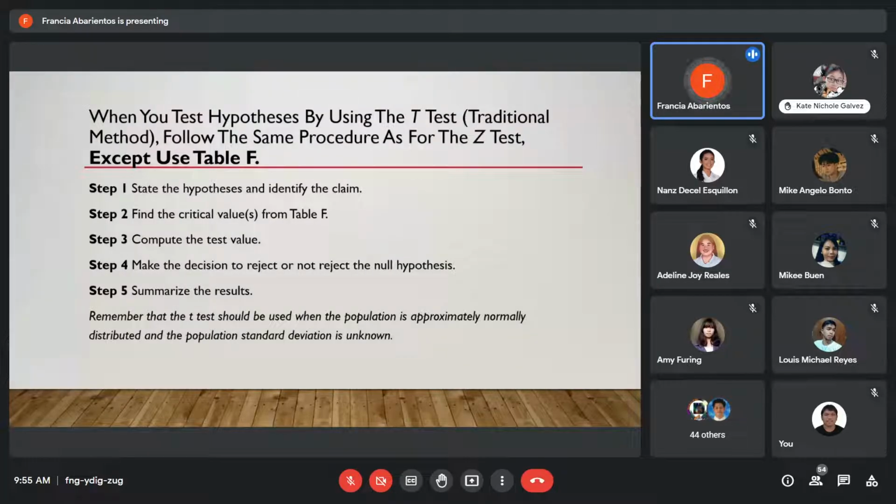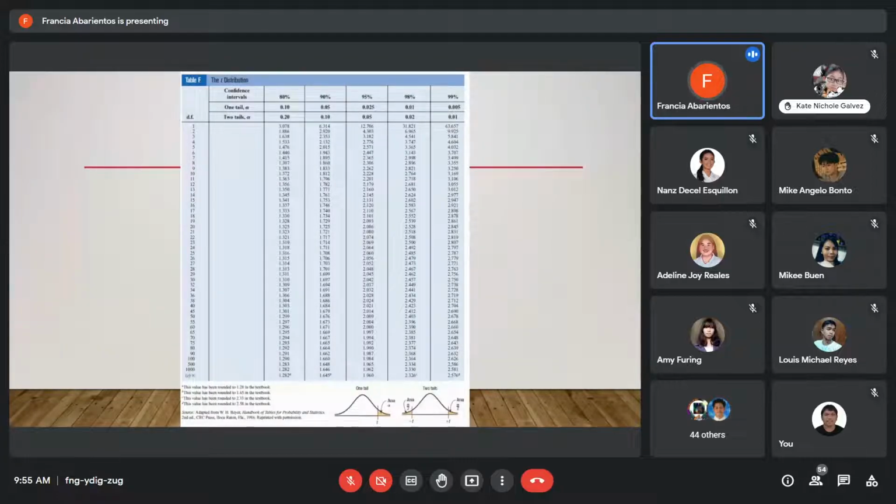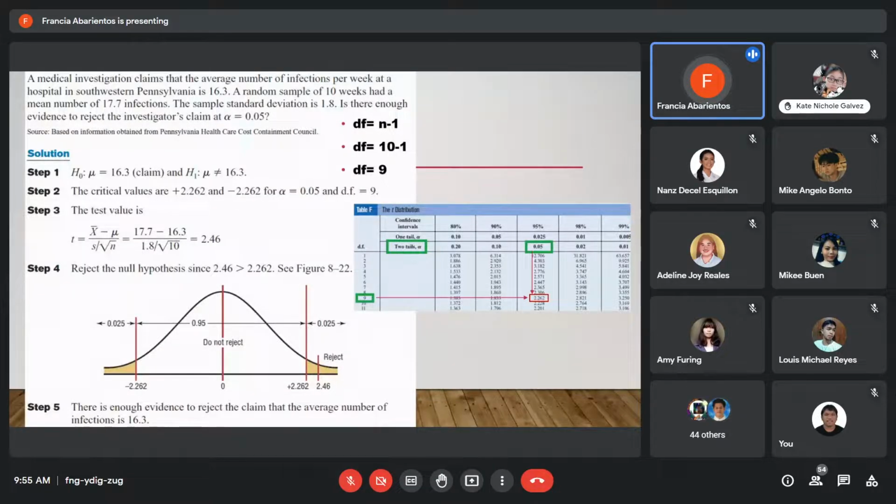Okay? So when you test hypotheses by using the t-test as well as the traditional method, you are following the same procedure as the z-test, except that you are now using table F, and we have now the degrees of freedom. So this is the t-distribution table. So how do we compute for this?